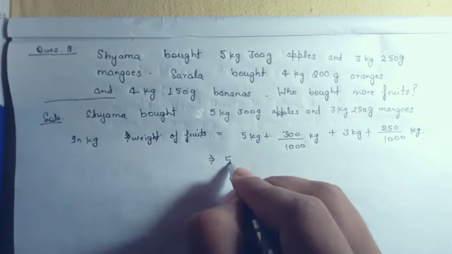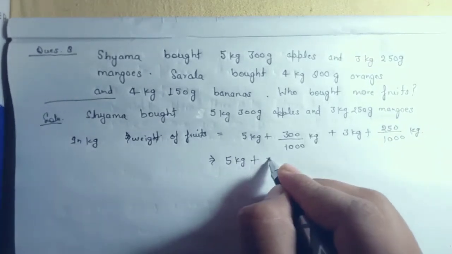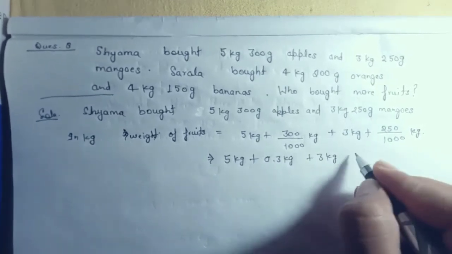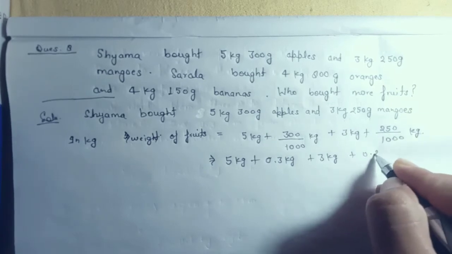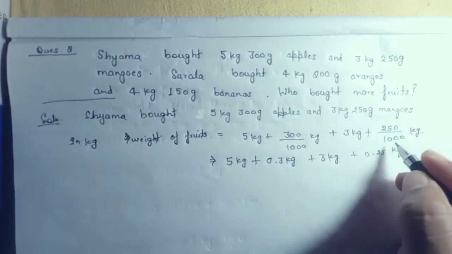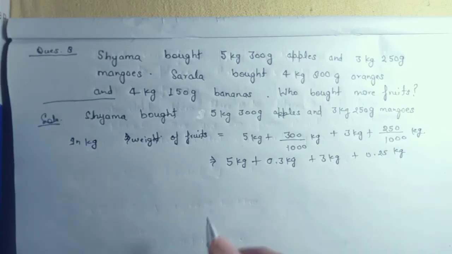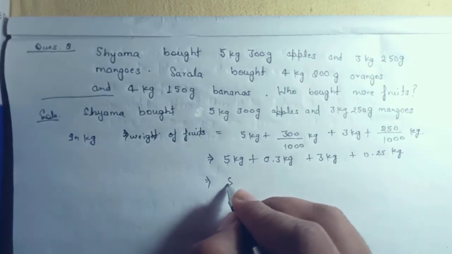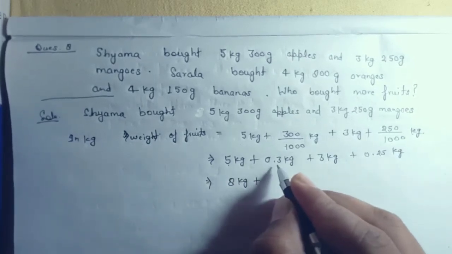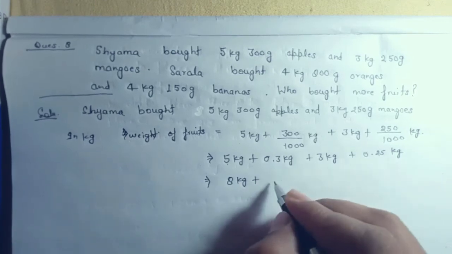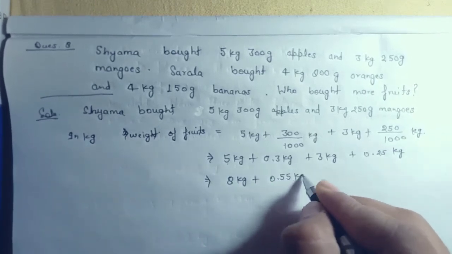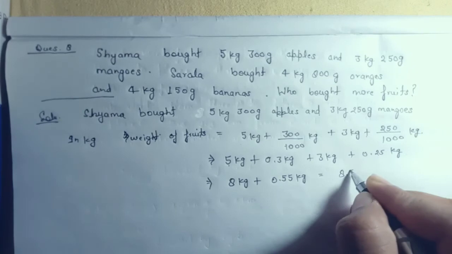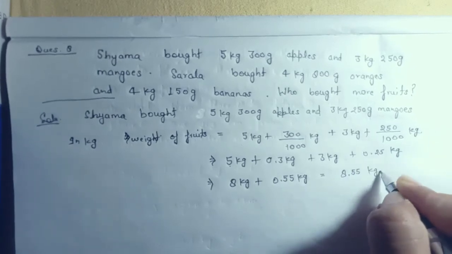You have 5 kilogram plus 0.3 kilogram plus 3 kilogram and plus 0.25 kilogram. Now when you add all these weights, 5 plus 3 becomes 8. So 8 kg plus 0.3 and 0.25 becomes 0.55 kilogram. Check it, you will get the same answer. And the total weight becomes 8.55 kilogram.